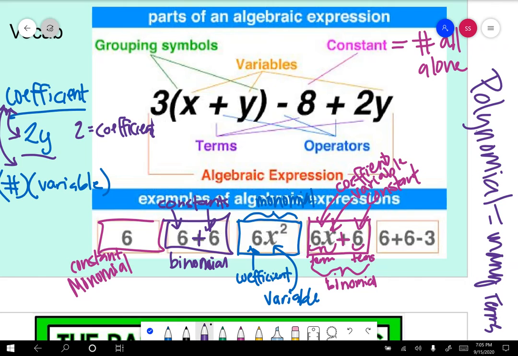Take a look at this last one. All 3 of these are constants because they are not being multiplied or divided by some variable. They're numbers by themselves. They are all separated. One is separated by an addition sign, the other by a subtraction sign. So we would say that each of these 3 are separate terms.